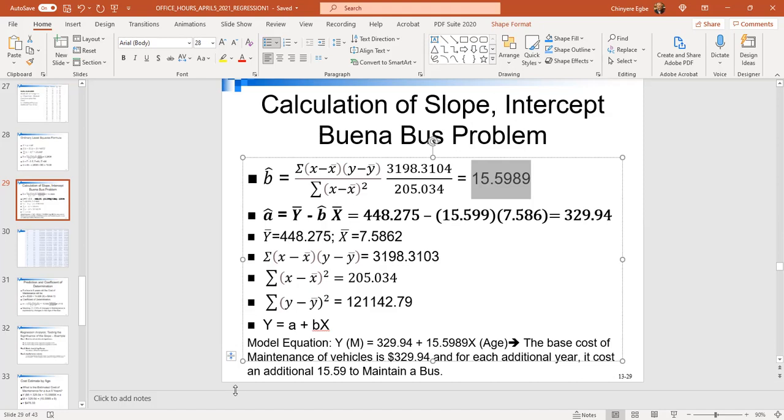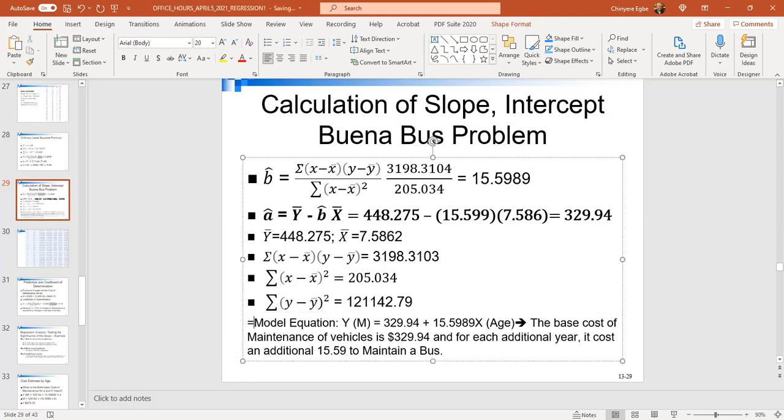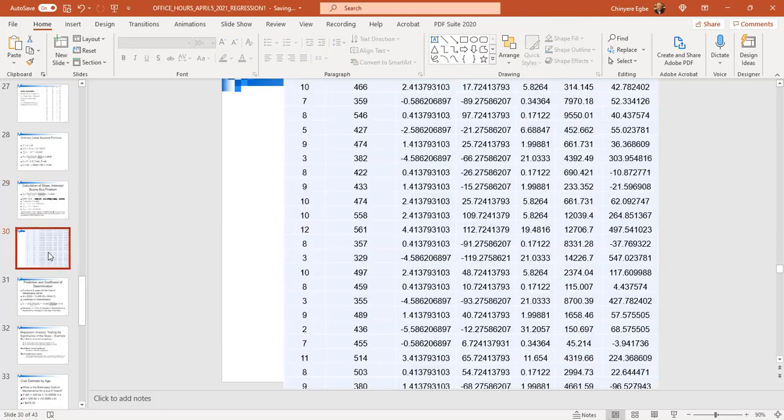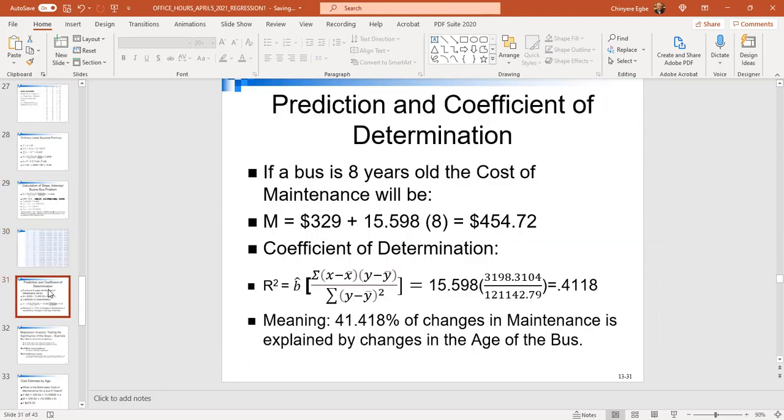Does it make sense? Yes, it does. So this is what the regression equation helps you to explain. You'll be able to estimate how much it will cost to maintain a bus. Now, we have estimated the nature of the relationship, which is that there's a positive relationship between the maintenance cost and the age of the bus.